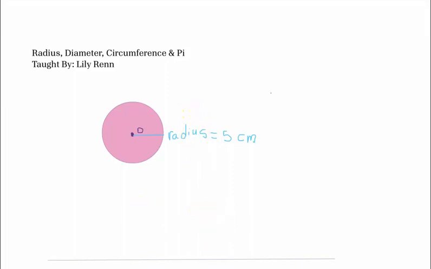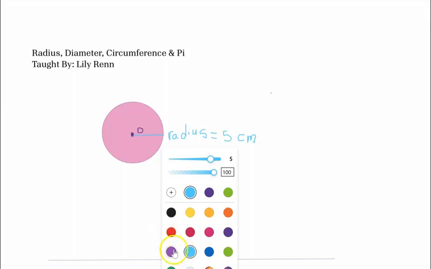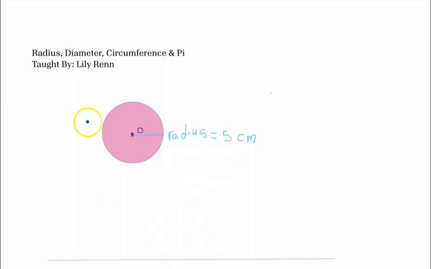Now we're going to look at another line that goes straight from one edge through the center to the other edge. We're going to call this line the diameter, or d. We're going to write out diameter.